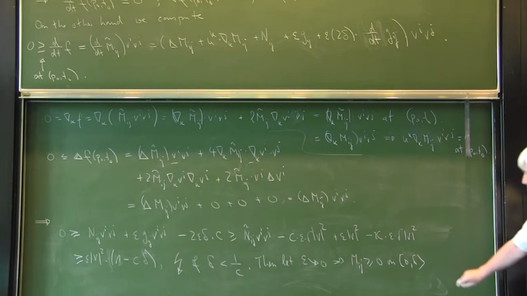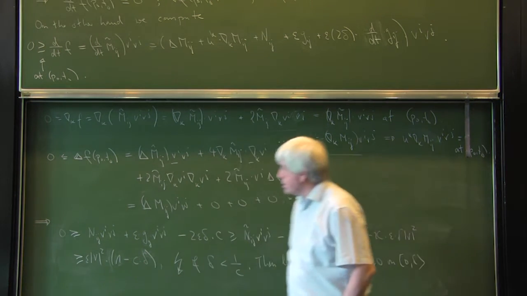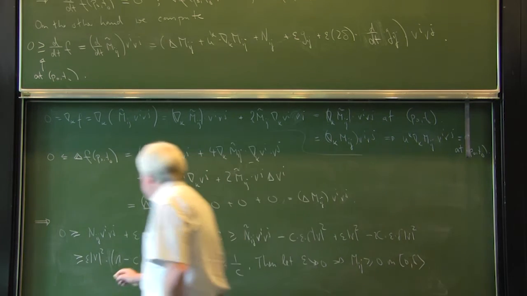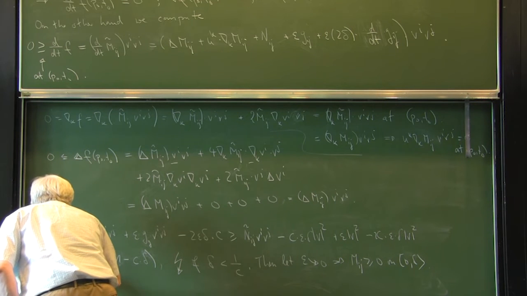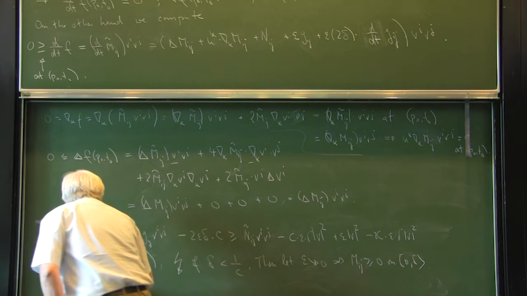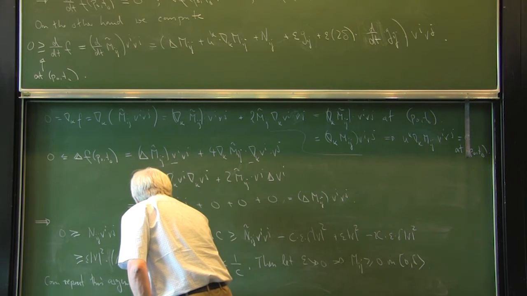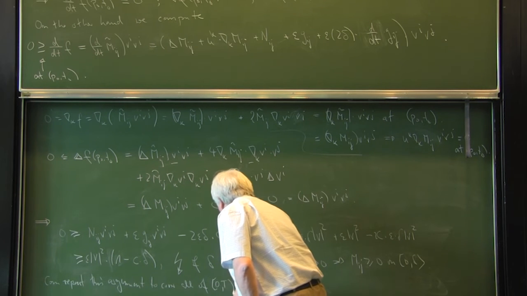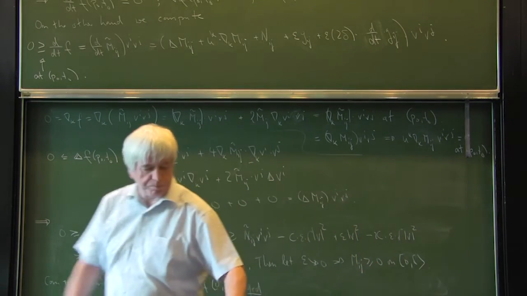But now you can repeat, since the delta only depended on this fixed constant c, depending on the smoothness of g and the smoothness of n, we can repeat this argument to cover all of 0, 2. And this completes the proof.